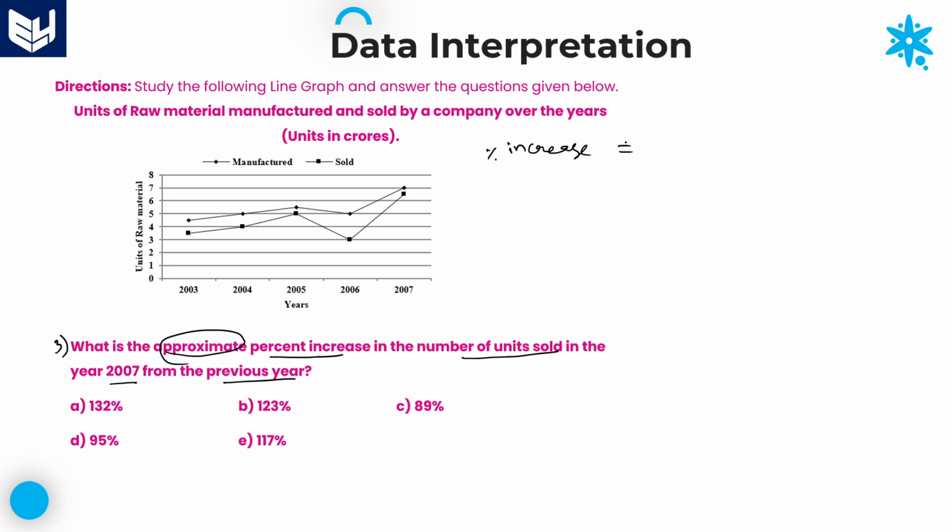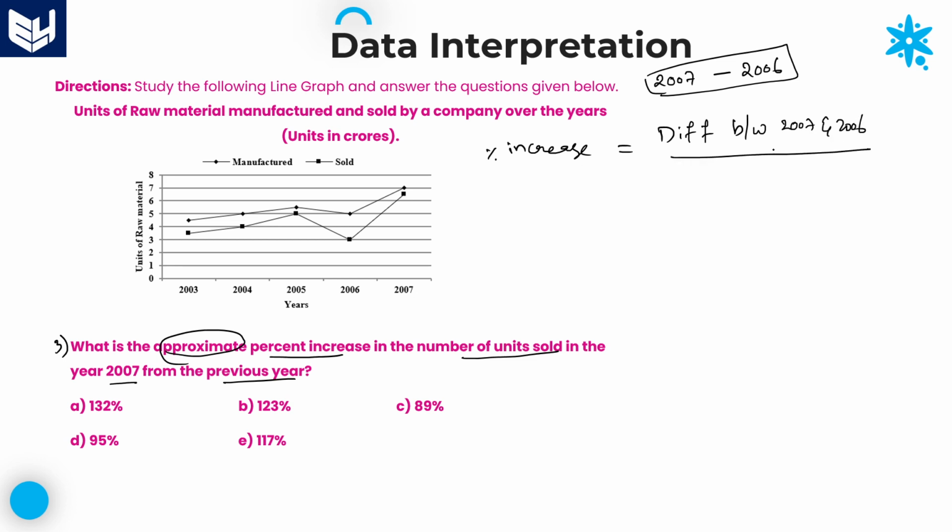Basically, how can we calculate percentage increase? Difference between those two values. Which two values? Here we are calculating in the year 2007 as compared with 2006, so you need to take the difference between 2007 and 2006, and the denominator value is the previous year value, or else the lowest value, whatever you take as the denominator, both are the same.